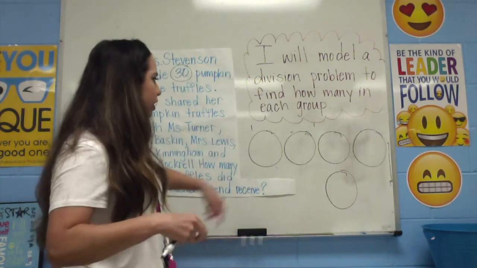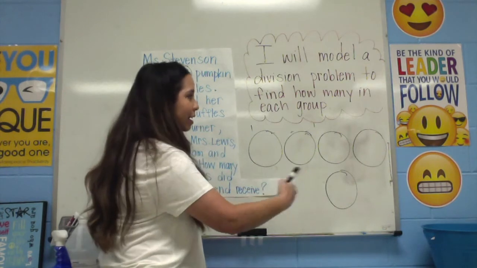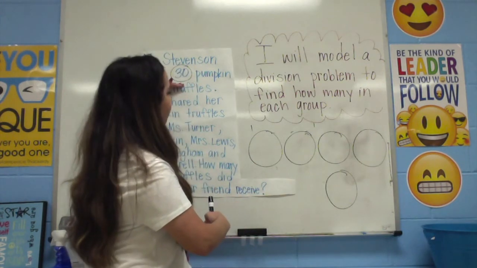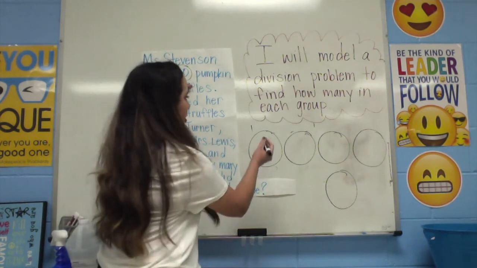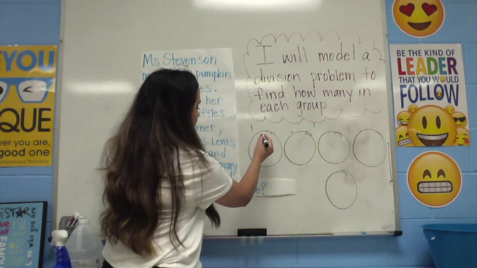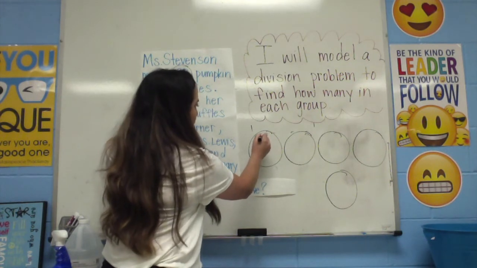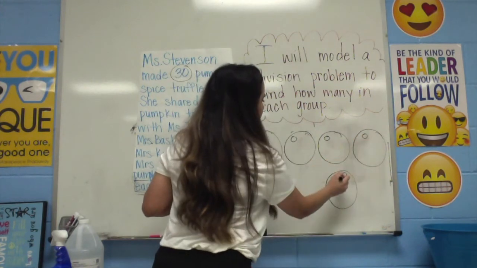I'm going to start here and put a circle in each group, one at a time, until I get to 30. I'm dividing, I'm sharing my 30 pumpkin spice truffles. Let's see how many pumpkin truffles my friends get. 1, 2, 3, 4, 5.